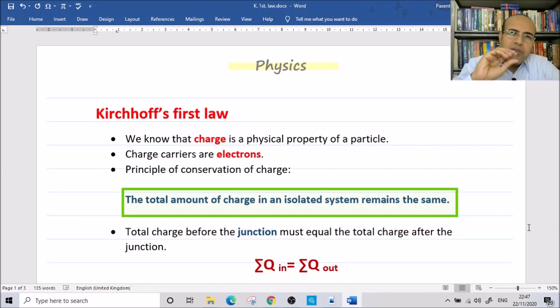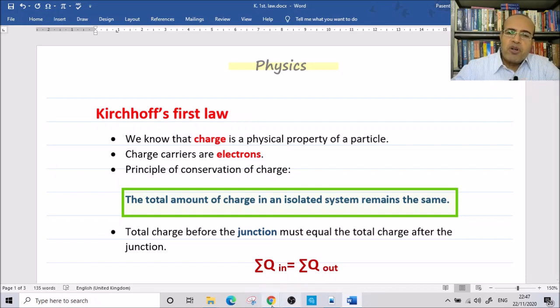So the number of electrons entering a junction equals the number of electrons leaving that junction. We don't have half an electron or 1.5 electrons. So the total charge is conserved. The total charge before the junction must equal the total charge after the junction.